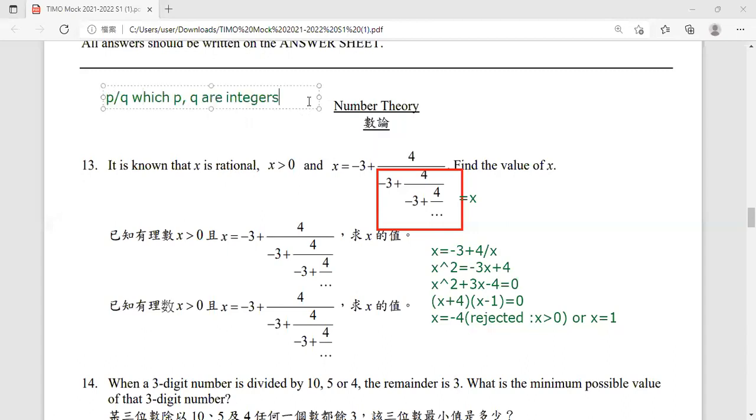This is rational, but a rational number can be negative. P, Q can be negative. Rational means you can write it as fractions only.